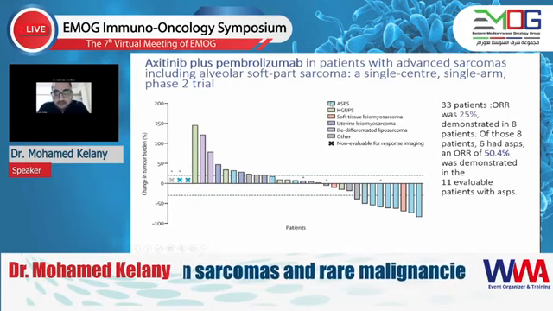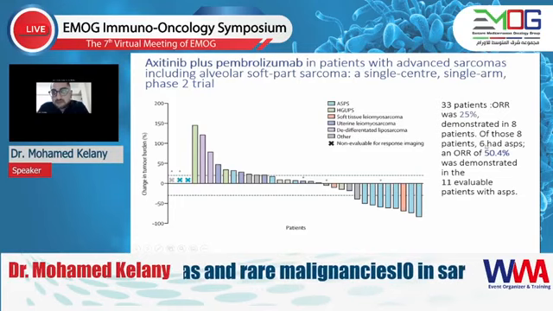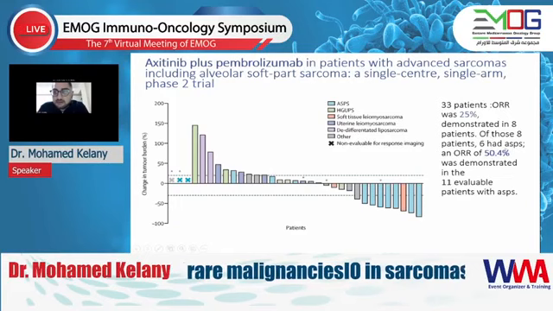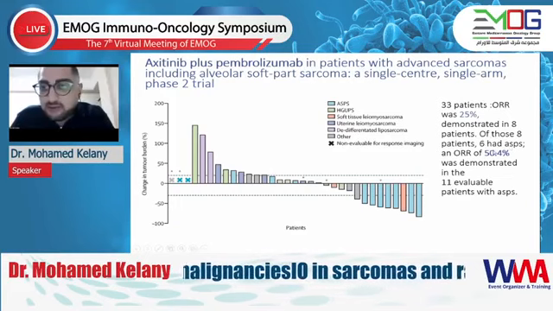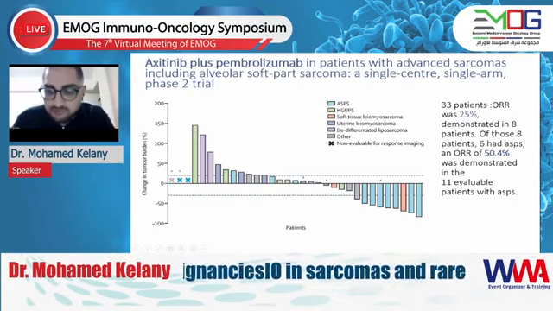And again, if we look at the peculiar subtype, the alveolar soft part sarcoma, most of the patients who gave a response were in the form of alveolar soft part sarcoma. If we take this tumor subtype, the overall response rate reaches 50%.